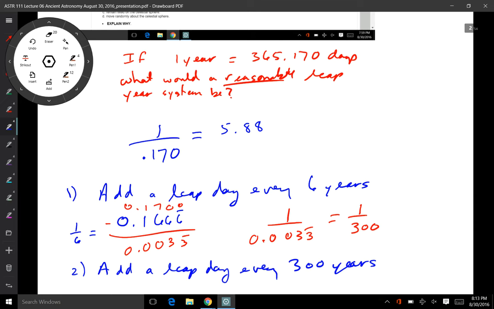You wouldn't want to have 2 leap days in 1 year because you want to keep as closely synchronized as you can. All right. Everybody understand? Anyone want to ask a question here about it?